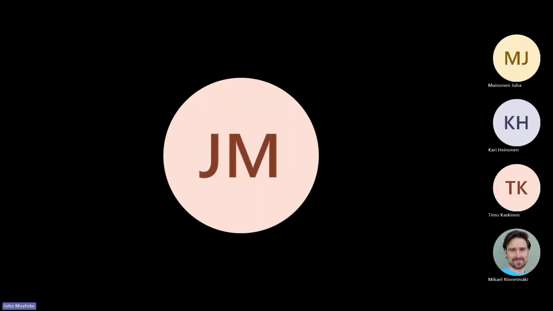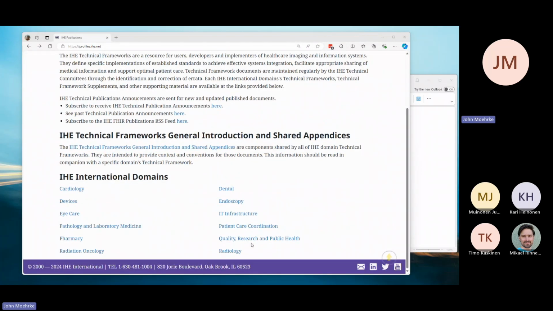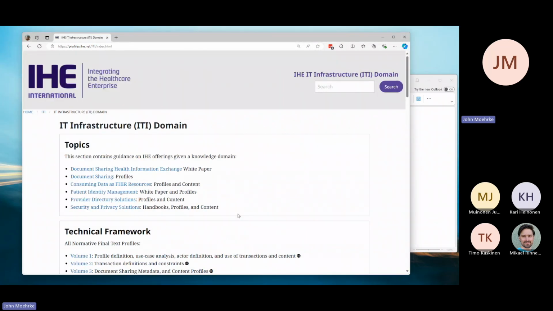So let me share my screen. Again, we start at the publication site, profiles.ihe.net. If you go down to the IT infrastructure, you get to the various things that we're doing. At the top of the IT infrastructure are these topics.